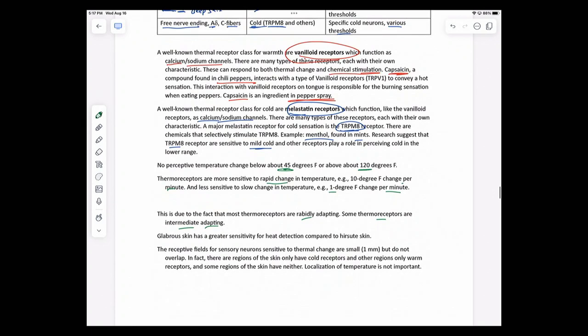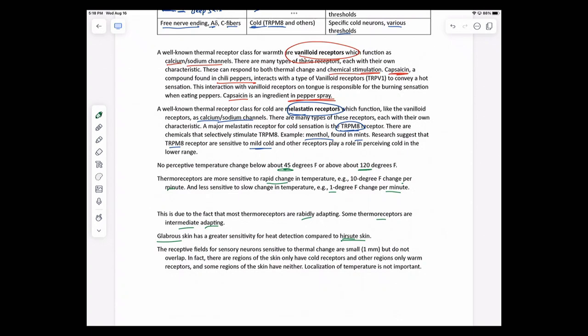Another thing that's kind of interesting is that we have different sensitivities to temperature if we're talking about glabrous skin versus hirsute skin. Glabrous skin, as you know, skin on the palms of your hands or your fingertips or the bottom of your feet, doesn't have any hair. They're actually more sensitive to temperature, particularly heat, compared to hirsute skin.